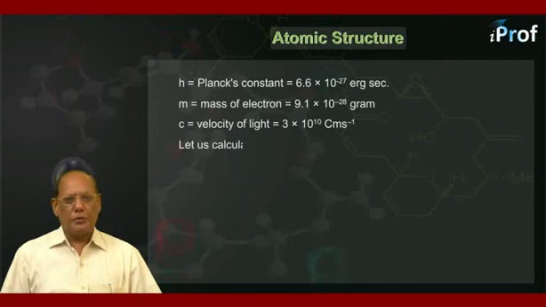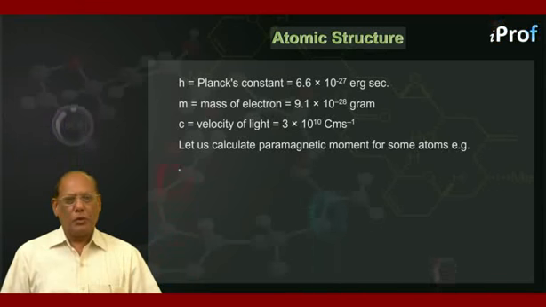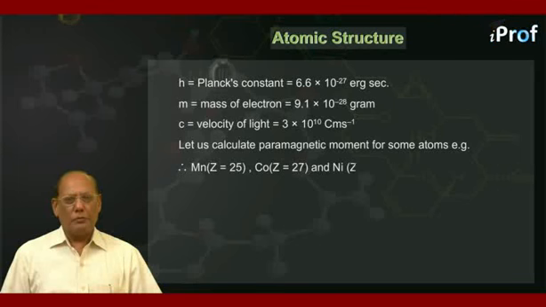Let us calculate paramagnetic moment for some atoms. For example, manganese Z equal to 25, cobalt Z equal to 27, and nickel Z equal to 28. So let us begin with manganese, Z equal to 25.